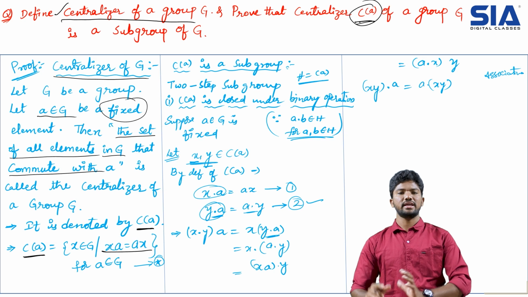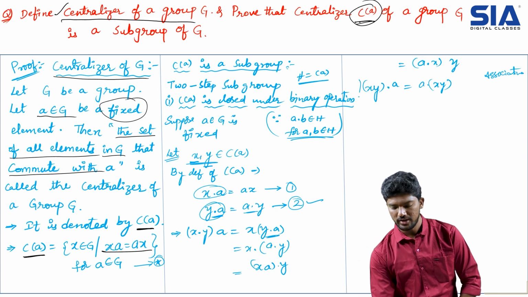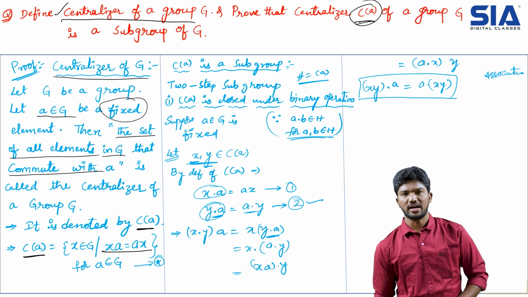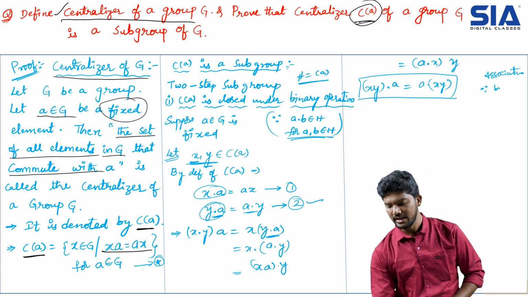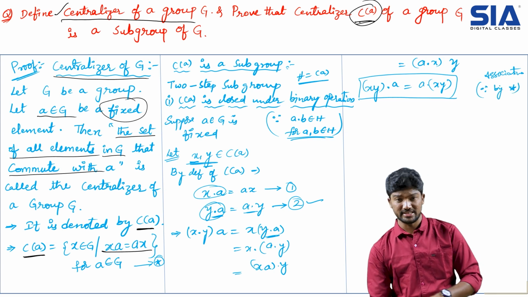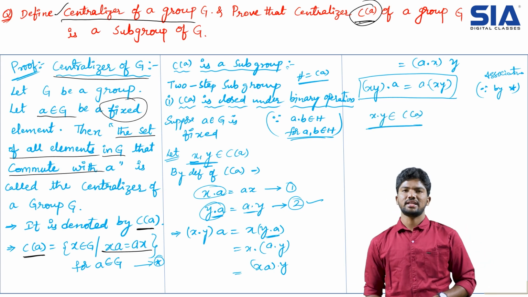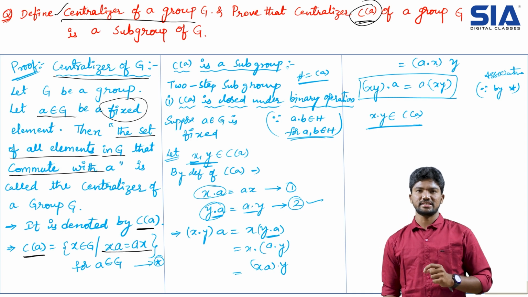So x into y into a is equal to a into x into y. So it is in the format of equation star. Since by star we can say that x into y also belongs to the centralizer of a in group capital G.